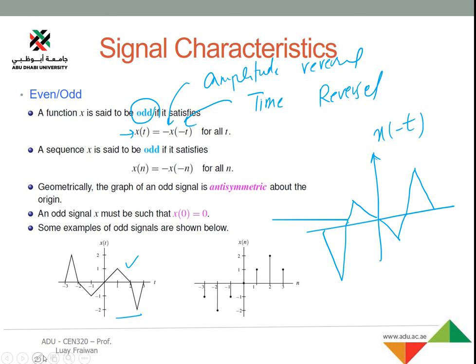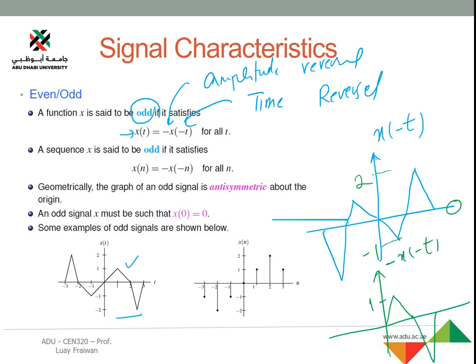Now we perform the second operation. The second operation is amplitude reversal. If I perform the amplitude reversal on this signal, I will reflect around the horizontal axis. Amplitude reversal means, for example, if it is minus 1 here, now it will become plus 1. If it's plus 2 here, now it will become minus 2.